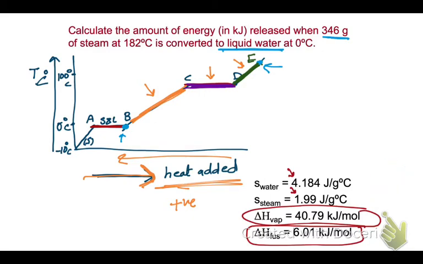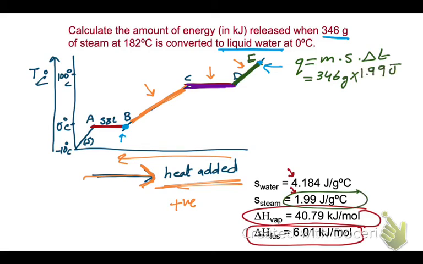So if I start now and I want to look at the green segment, this is a diagonal, which means there is a change of temperature. So I can calculate Q by m times s times delta T. The mass of the steam is 346 grams. The specific heat of the steam is given to me here as 1.99 joule for every gram every degree Celsius.